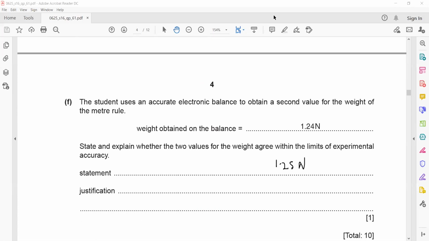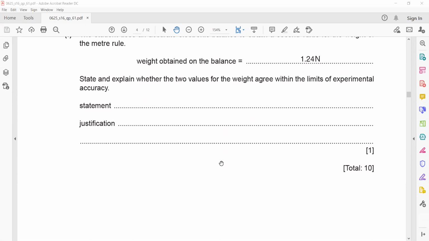So the answer for this question depends on the values, because you have to compare the two values. Is it clear? Don't bother about this type of question. It is totally based on your answer. In the marking scheme, the expected answer is yes, the two values should be closer. But because our answer is different, according to our answer, the two values are not equal.